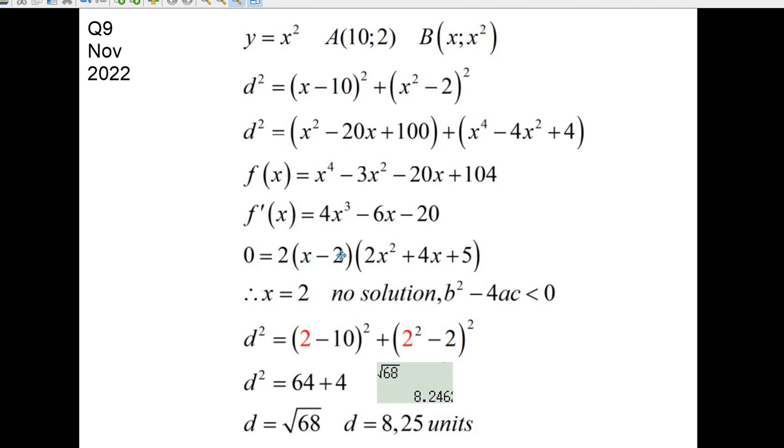If 2 makes it 0, then x minus 2 is a factor. That's what I meant to say. And then you just go, that's got to be 2x squared to make this 2x cubed times 2. See, I factored the 2 out there.